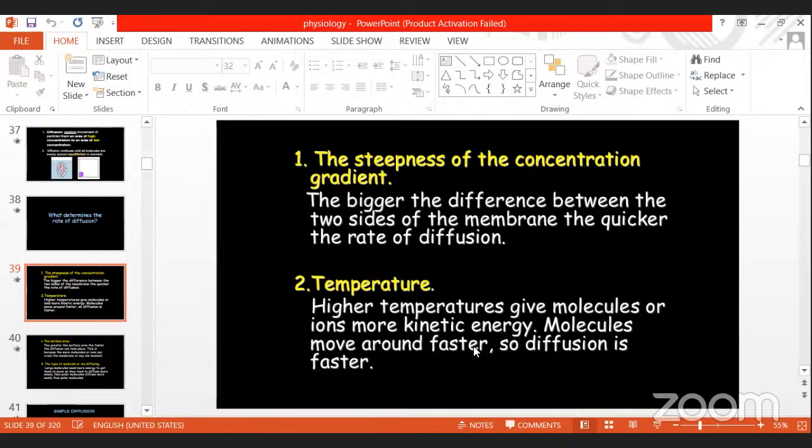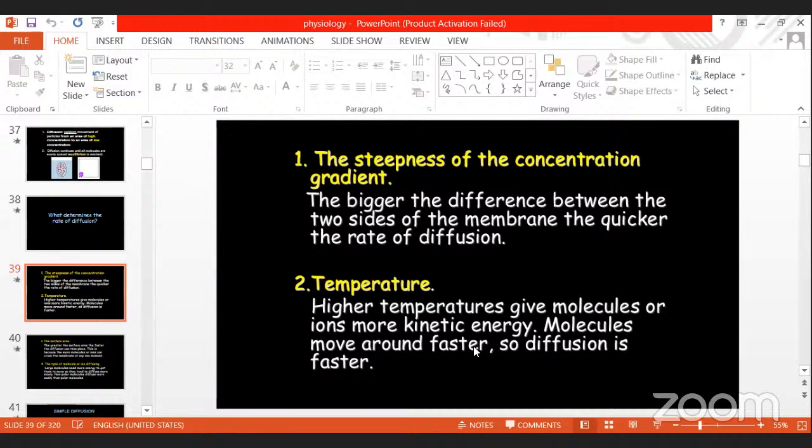Next, coming to temperature. Temperature gives molecules kinetic energy, so they move around fast. Diffusion is directly proportional to temperature.